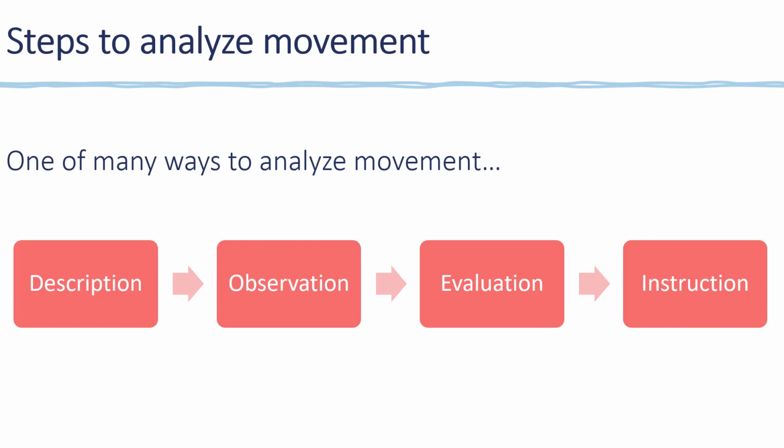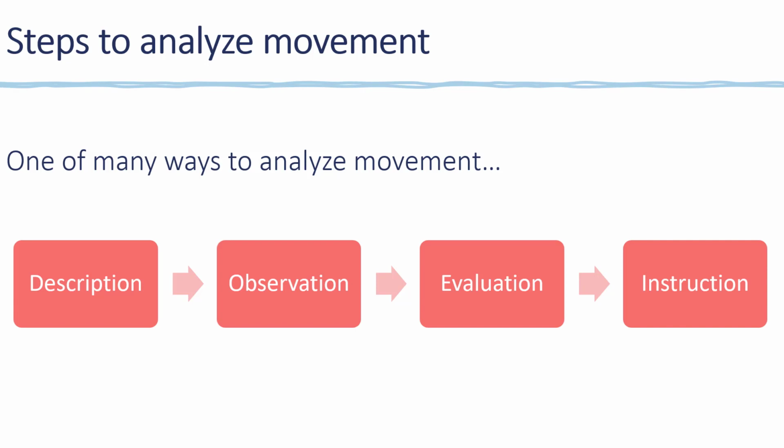The second step is observation. In this step, you observe the performance of your student or your athlete, and you determine what that person's technique actually looks like. In the third step, that's evaluation. You compare the ideal technique that you figured out in the description phase to the observed performance that you just figured out in the second stage.